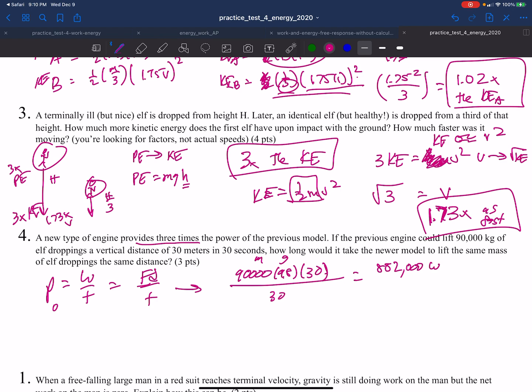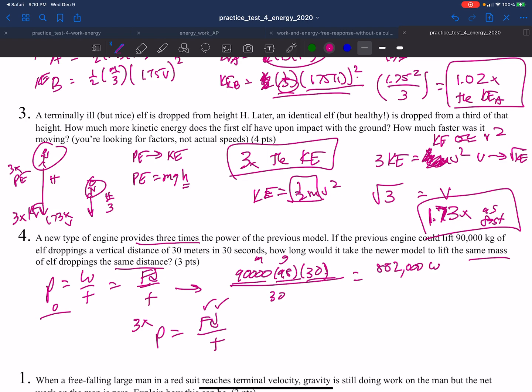The new engine has 3 times the power. There's a couple of ways you could do this. It's asking it to lift the same mass the same distance, so we're going to keep the m, g, and d the same, but we have 3 times the power.